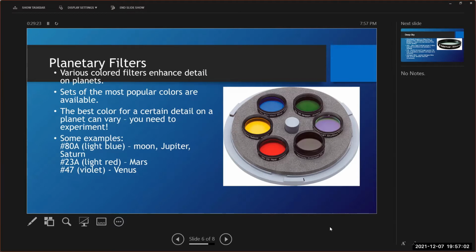These are minute contrast boosts. You have to become a very educated observer to see the change. But color filters for planetary use is a pretty big thing. I don't think I know of anybody in our club who uses these a lot.